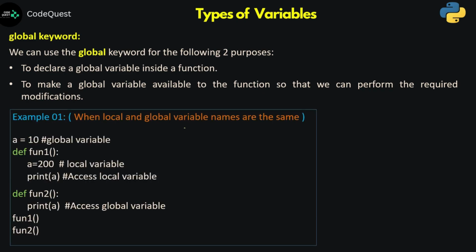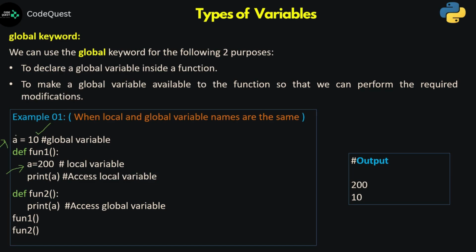Now let's see one example. In this example, we have taken the local variable and global variable with the same name. You can see here we have this a, that is 10, which is a global variable because it is present outside of both the functions. But here you can see when I'm writing a equals 200, this a is local to fun1.